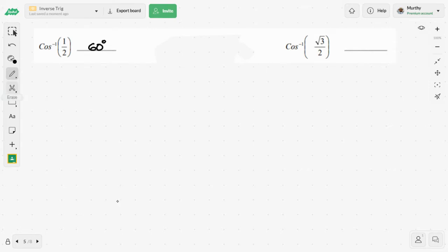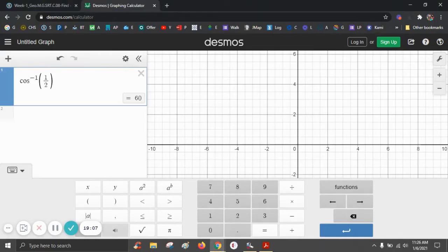I'll do one thing. Instead of fractions, let's take maybe some decimal value. Let's say 0.837. Just some number I'm taking randomly. So this time I'm using my Desmos again. You know how to type cos inverse.